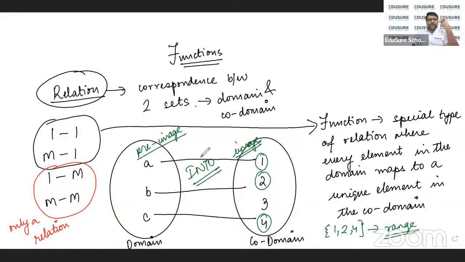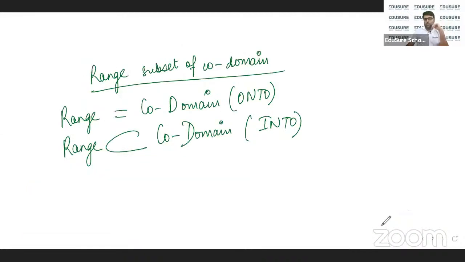If all of them would have been mapped, then it would have been an onto function. Into onto, onto into. Okay? So range equal to the codomain, onto. In all other cases, into. Simple. Very simple. Okay? Right?